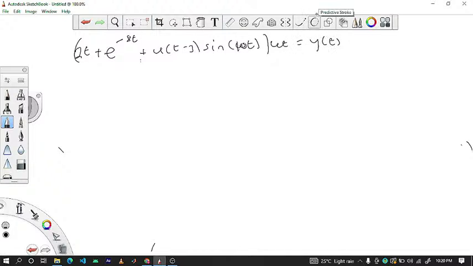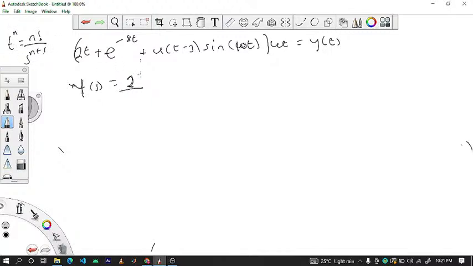So for our output, we are finding the output response. So we are finding y of s. So y of s is given by, now for t, you know from your tables, t to the power n is given as n factorial over s to the power n plus 1.